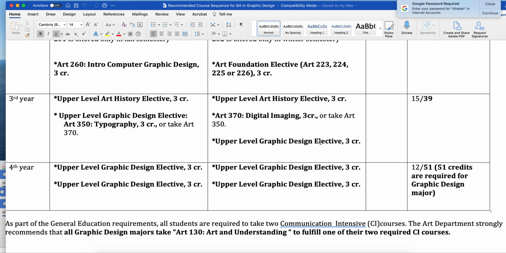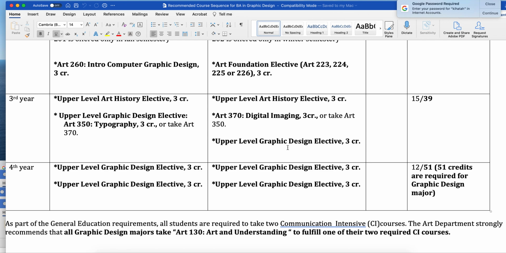The reason is 385 was offered only a couple years ago, a new course. So if you're a junior or senior, it may not count toward this. But all you need to do is file a petition with Professor Vanguard or the chair of the department. So you can write down, contact the chair of the department so that Art 385 or 390 counts, or it may be 390 if you've taken the course a little while back.